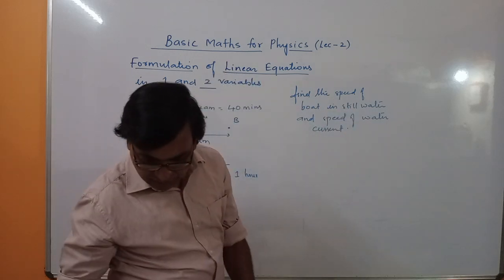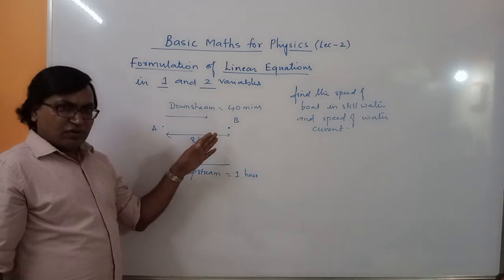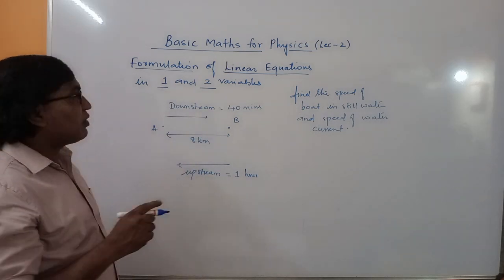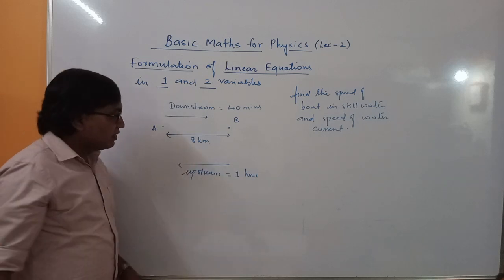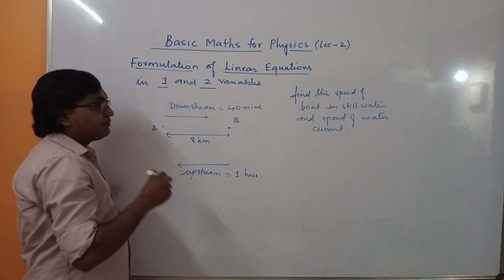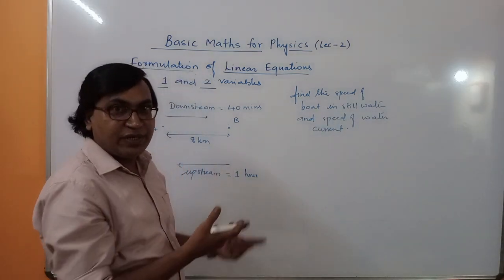Earlier also we have solved this, but some more information was given there, so we had that problem in one variable. Now this will be in two variables. So let us formulate, because both the speeds are not known. Earlier the water speed was given.